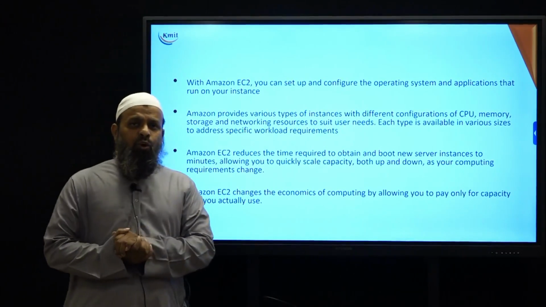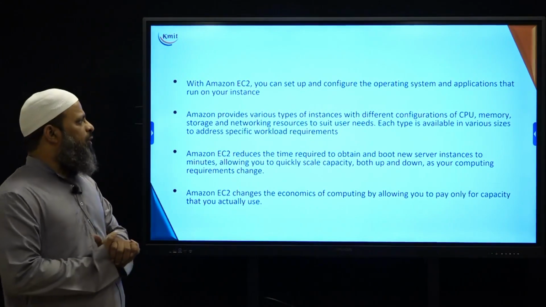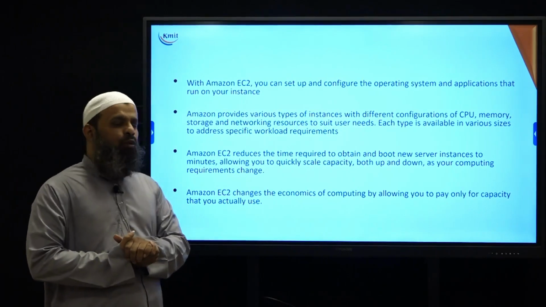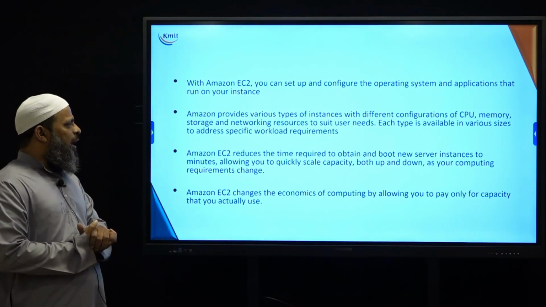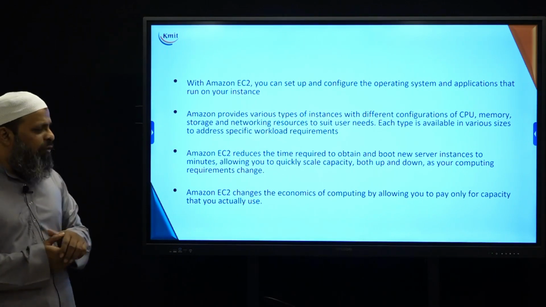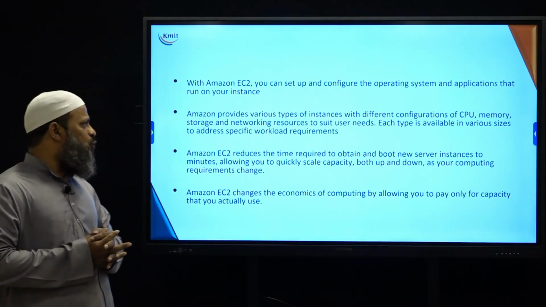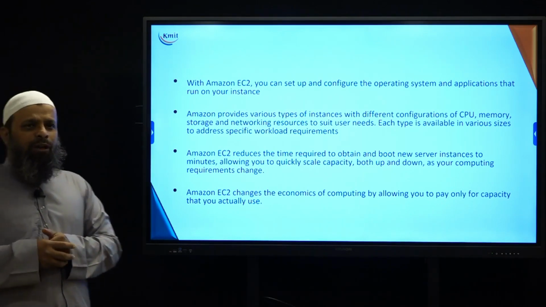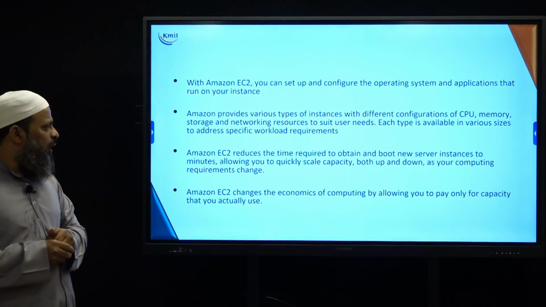With EC2 you can set up or configure your operating system and whatever applications you want on that instance. You can configure as many CPUs as you want, take as much memory and storage as you want, and choose what type of networking you want in your systems.